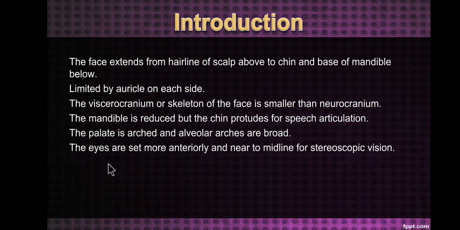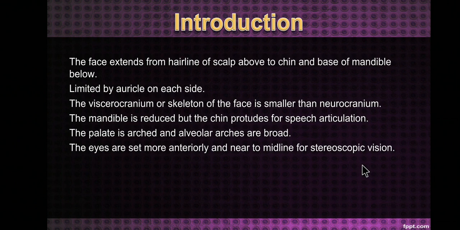Then, the eyes: if you look at the lower forms like the dog or cat or the birds, the eyes are set at the sides. But slowly in humans, they have migrated almost paramedian in position on either side of the midline. So, thereby you get a stereoscopic vision. So, both the eyes can focus and you get a wider area of view.